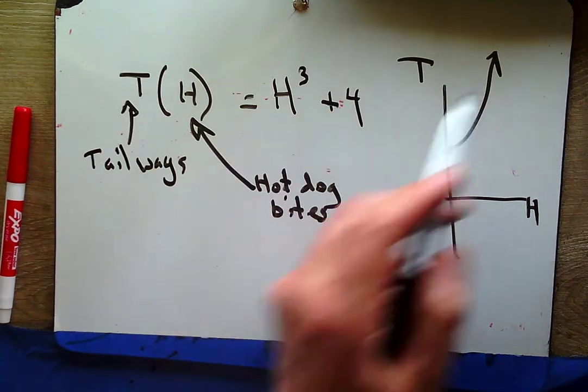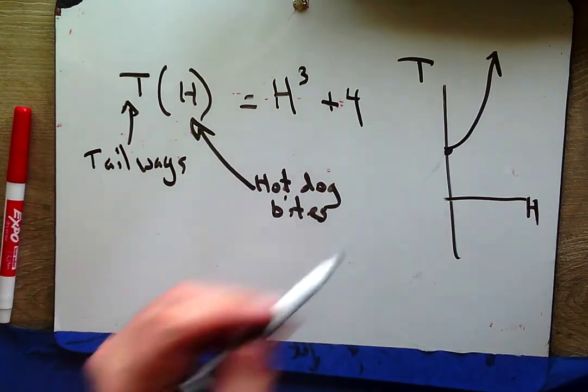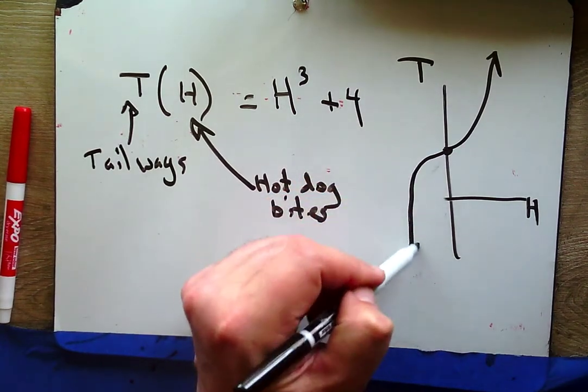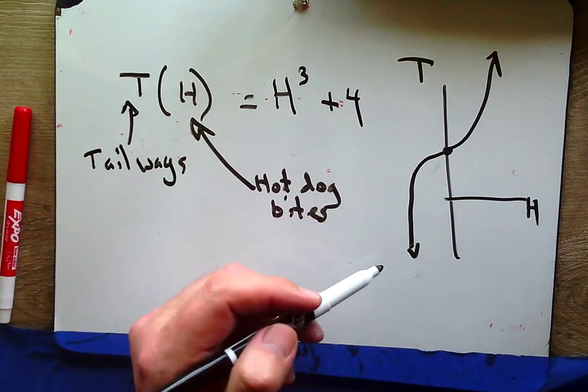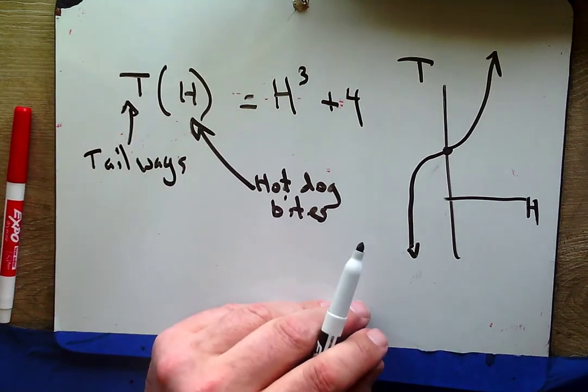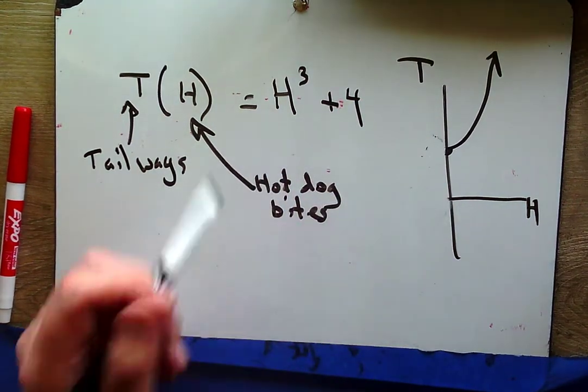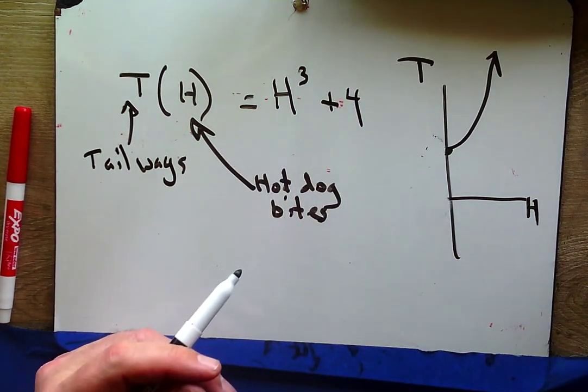But this function sure passes the horizontal line test. So of course, even in its original state, it still passes the horizontal line test. So I know there's an inverse here. Okay, let's make that inverse. Pause the video and make the inverse.